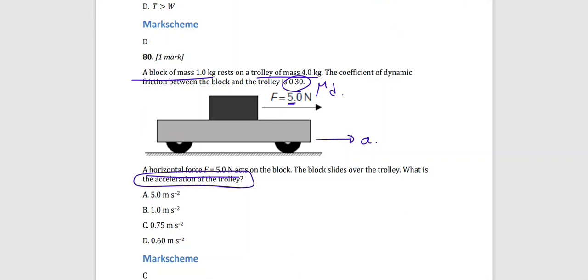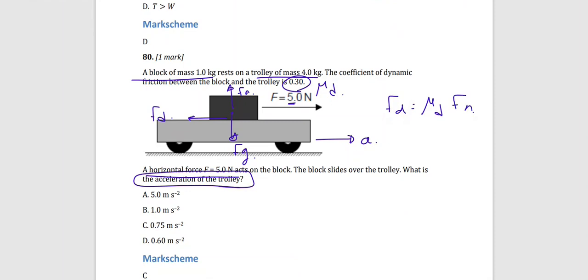First, what are the forces? Always the first step: draw the free body diagram. I have Fg, the weight of the block, down, and Fn up. Since I have more forces in this direction, we have dynamic friction in the opposite direction. How can I calculate the value of dynamic friction? It will be mu d times the normal force.